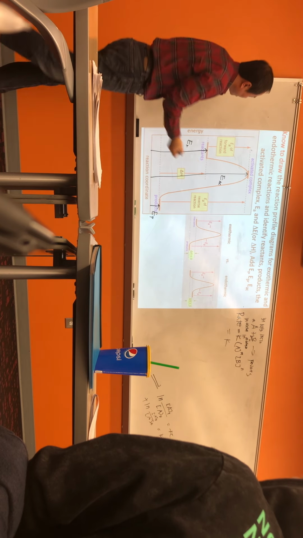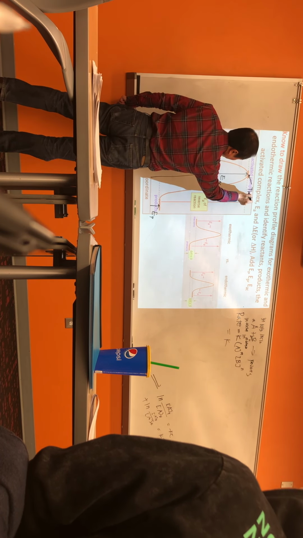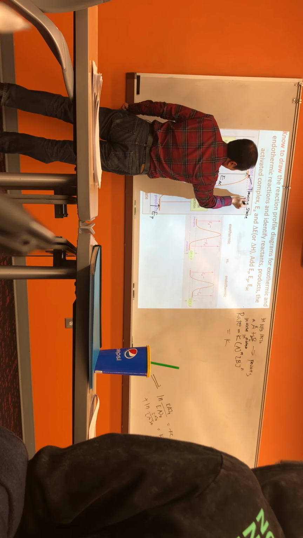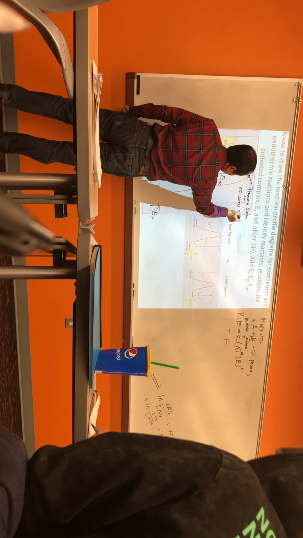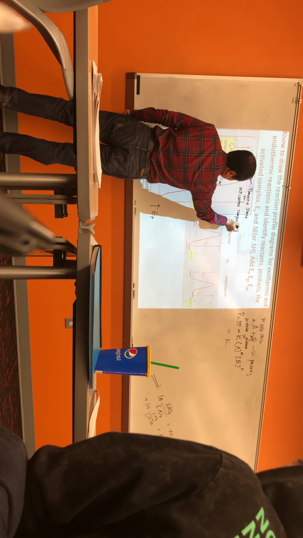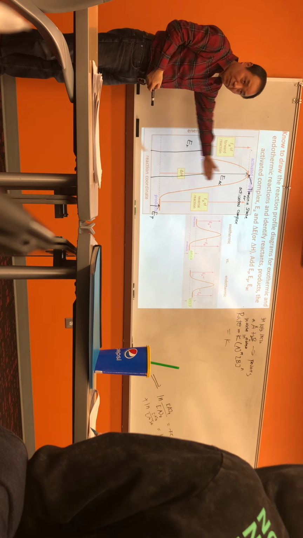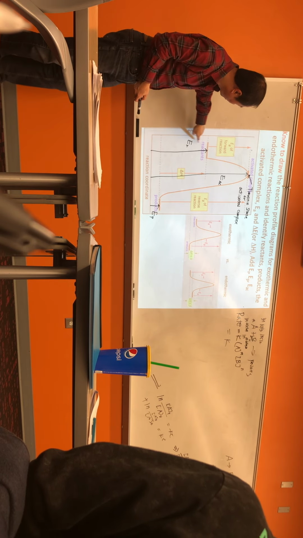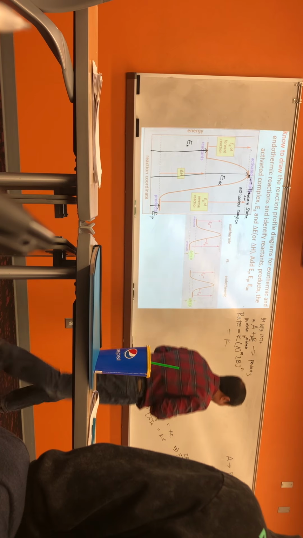And also indicate this top here as the transition state or activated complex. Okay? So you should be able to draw this whole diagram with indication of arrows and values.